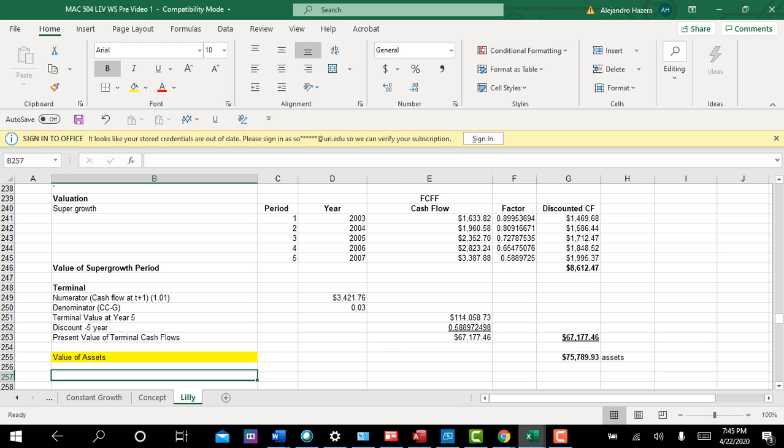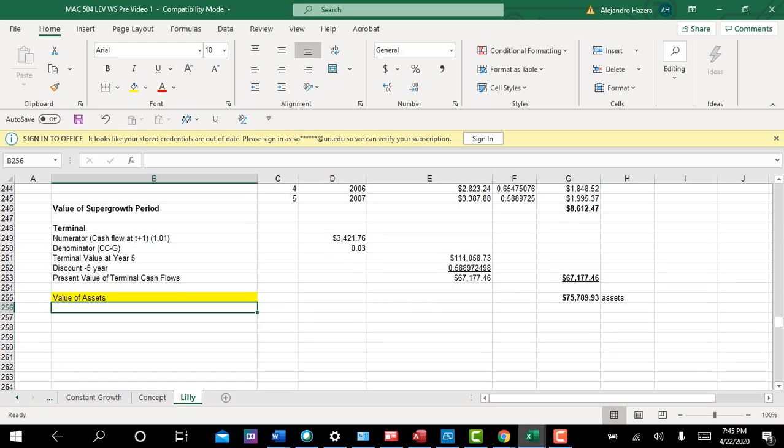Now let's do a couple things. Since we've got the value of the assets, let's make a couple of adjustments. Now those would really be operating assets because operating assets are what drive growth.